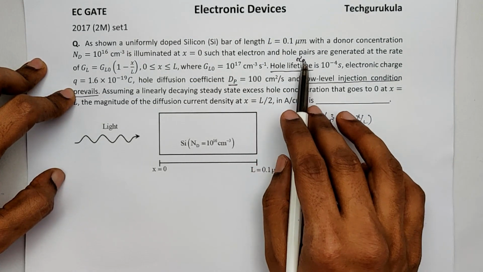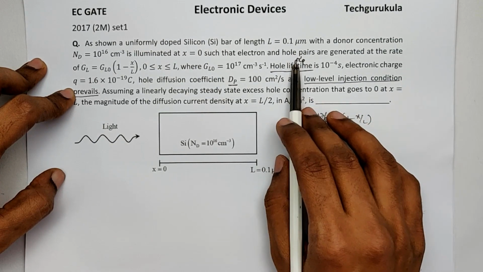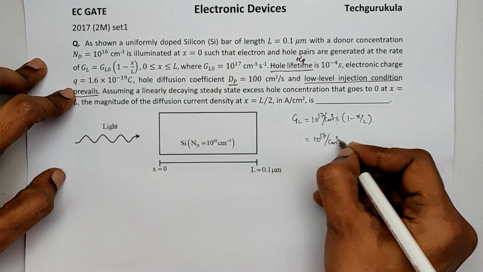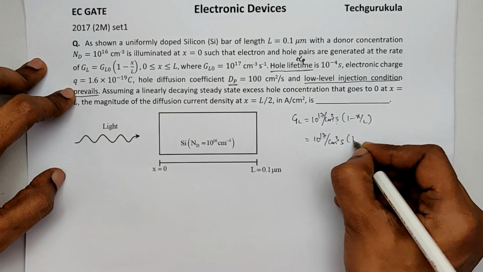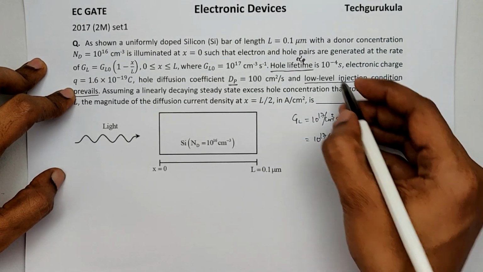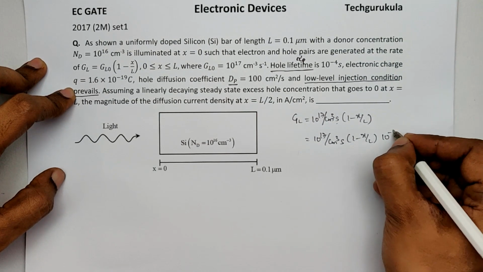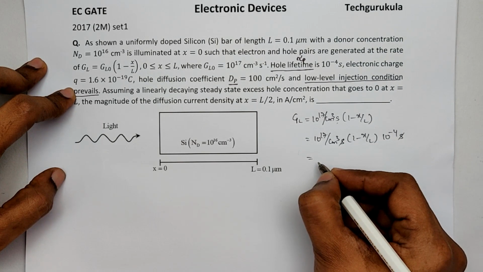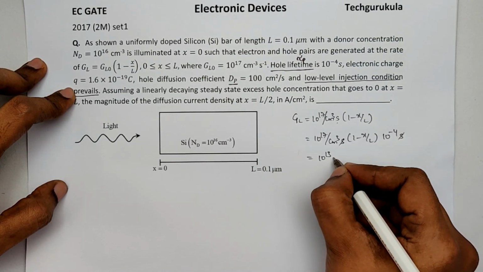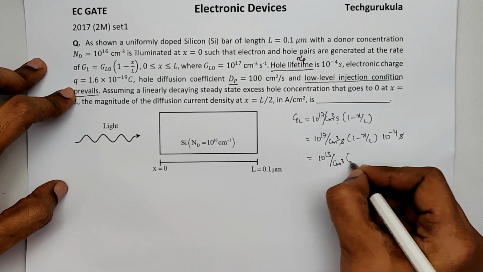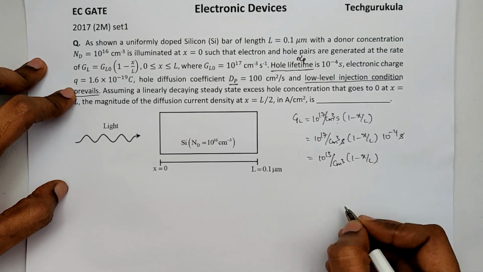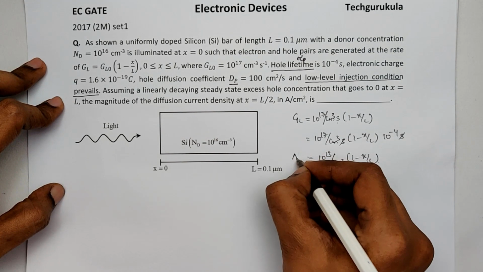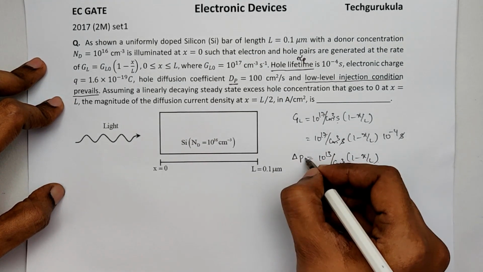So we need to multiply that with the lifetime of hole. If we do that, we get 10 power 17 per centimeter cube second times 1 minus x over L times the lifetime, which is 10 power minus 4 seconds. Seconds cancel. We get 10 power 13 per centimeter cube times 1 minus x over L. What is this value? This is the delta P with respect to x.